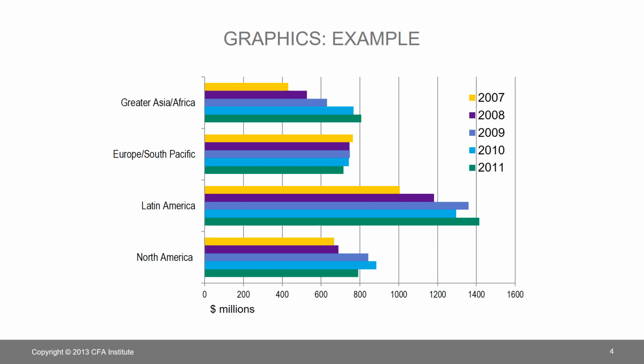Now, most of the operating profit margin for Colgate-Palmolive's oral, personal, and home care segment has come from Latin America in each of the past 5 years. The biggest change in operating profit has also been in Latin America, from around 1 billion in 2007 to more than 1.4 billion in 2011.